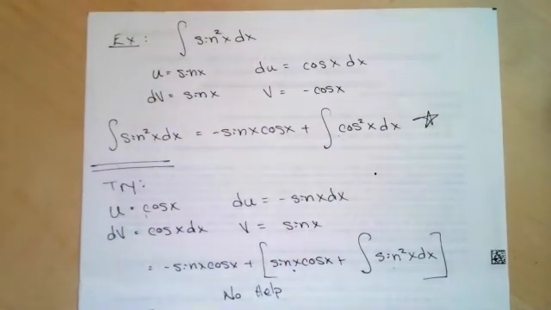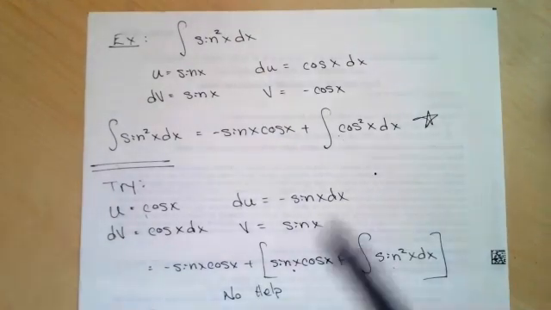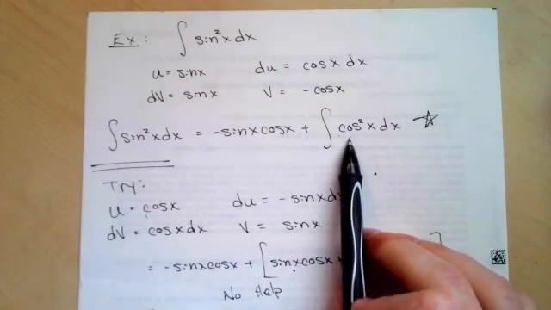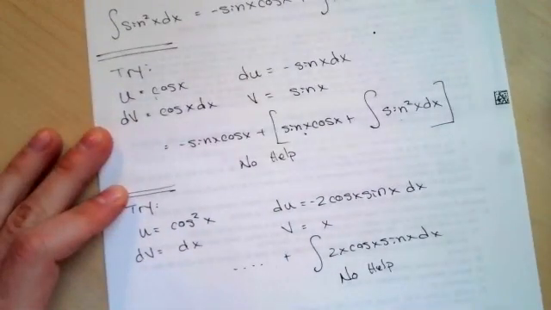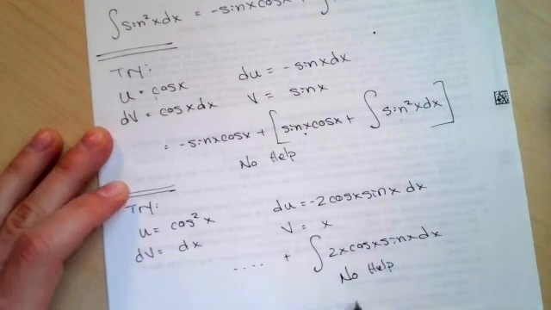We want to look for a trick in some way, a substitution of some sort, and we can actually convert our cosines back to sines, and that's what we're going to end up doing. So we can write the integral of sine squared is sine x cosine x.